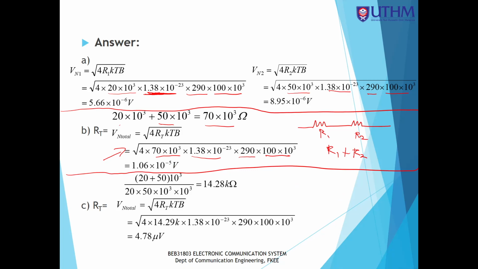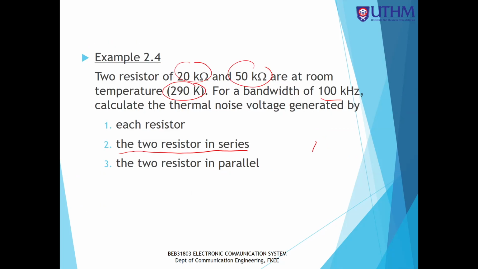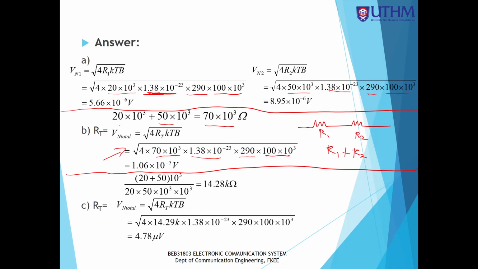And then the third question said to find the noise voltage if the two resistors are connected in parallel, secara selari. If the two resistors are connected in parallel, you need to find the R total.